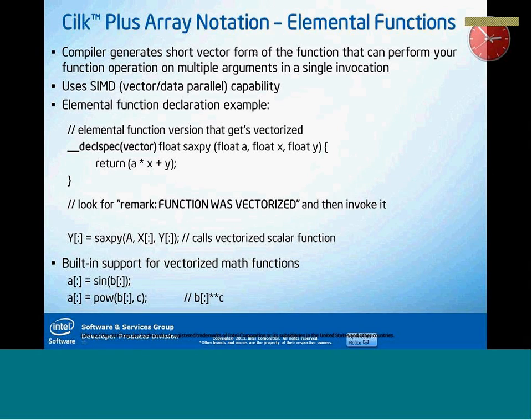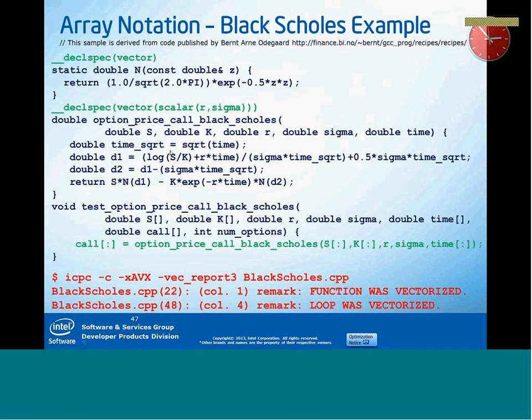The other capability of Cilk Plus is the elemental function, where you can define your scalar function just like that. This is the original function. All you have to do is add declspec vector in front to have that function vectorized, and then you can invoke it in a loop. Here is my example modified. This is the same source code of option pricing that I showed you earlier.